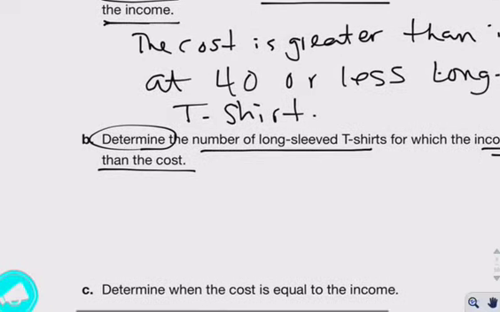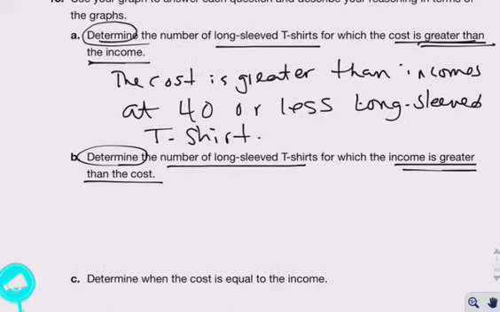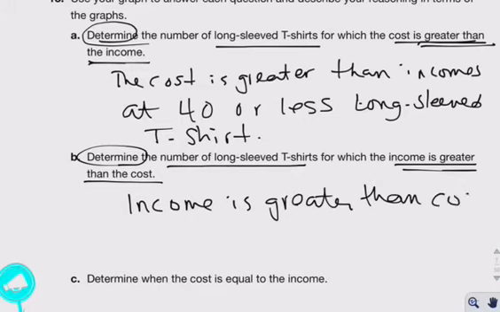But income is greater after 40 t-shirts. More than 40. Income is greater than cost after 40 t-shirts.